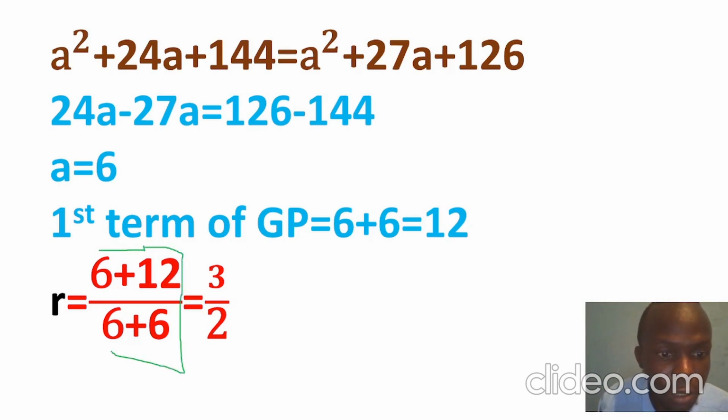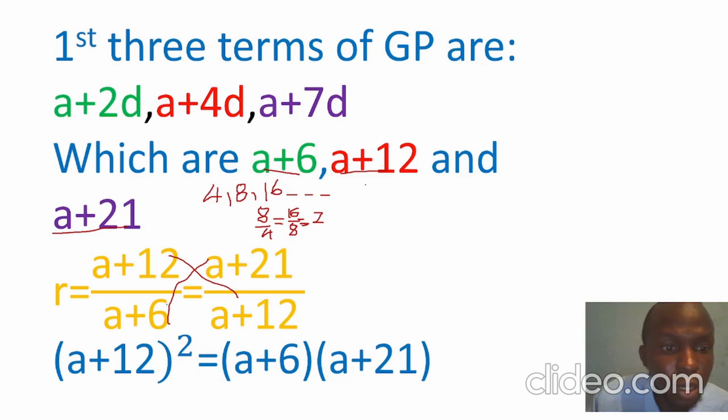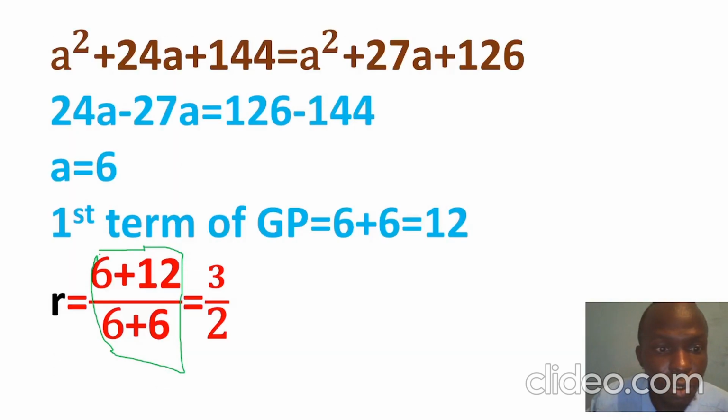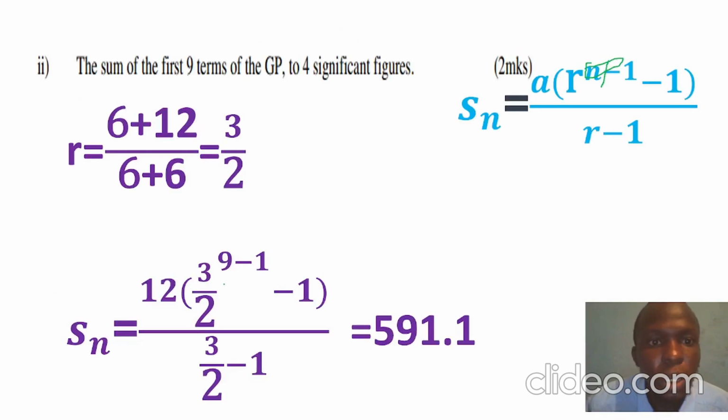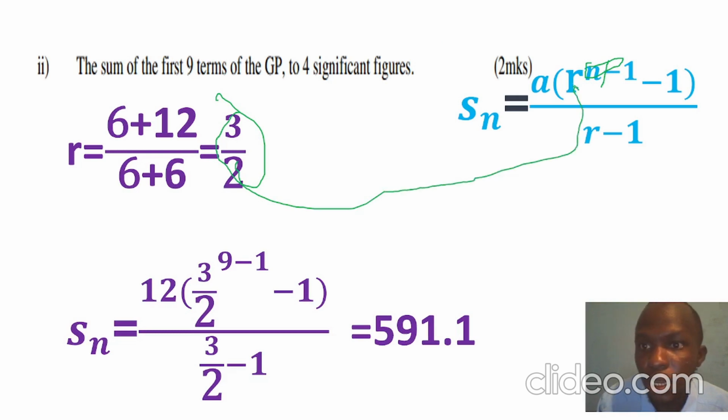This expression here, because A is 6, is 6 plus 12 over 6 plus 6. Where has this expression come from? This is where it has originated from, the one that we had formulated. So 6 plus 12 over 6 plus 6 is equal to 3 over 2, and that is how we get R. We substitute the value of R in this equation here, and this is how the substitution has taken place.